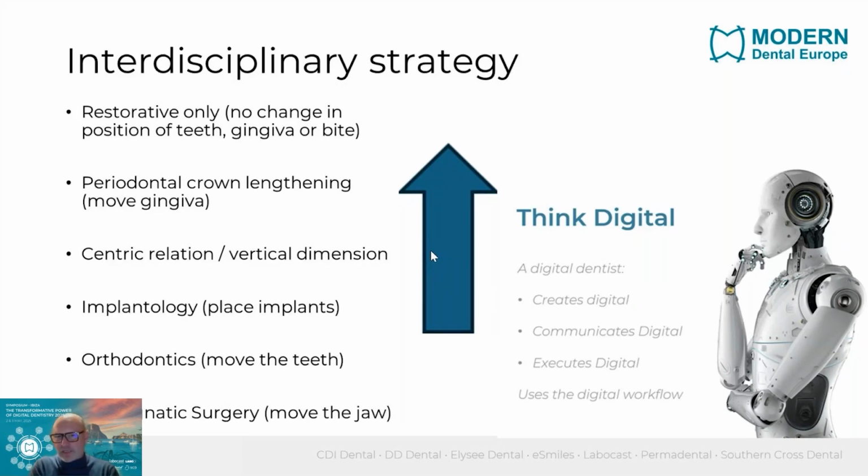Do we have to place implants? The next step is the relation and the vertical dimension. Then do we need to perform crown lengthening, gingivectomy, and then the final stage is the restorative only.